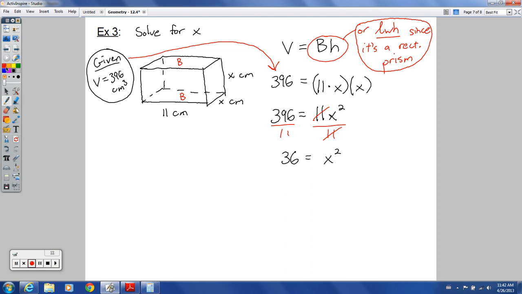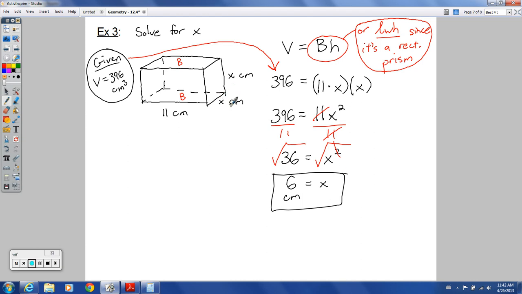And then you would take the square root of both sides to get x. We would definitely take the positive square root, since we're talking about lengths, widths, and heights. We're talking about dimensions. The squared will cancel with the square root, and this will be x equals 6, and you could say 6 centimeters as well.